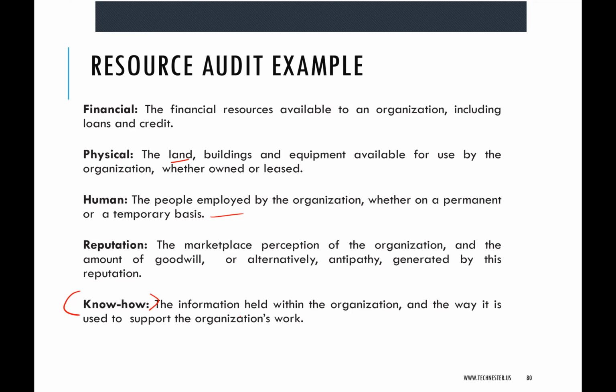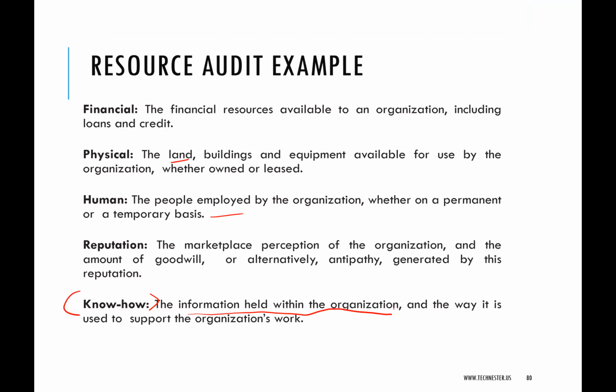Right? So in this case, you'll be looking at the information that the organization holds, and how that information is used to support the organization's work. It doesn't necessarily have to be knowledge in the head of people. It may even be knowledge in databases, in data repositories that the organization can analyze to solve problems.